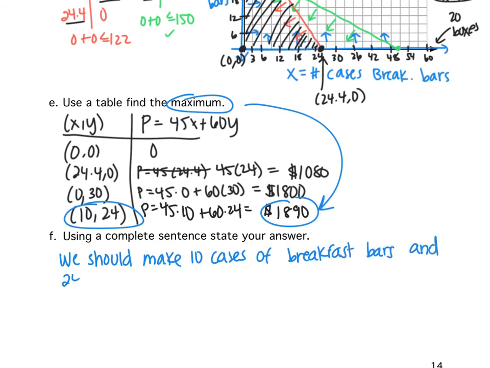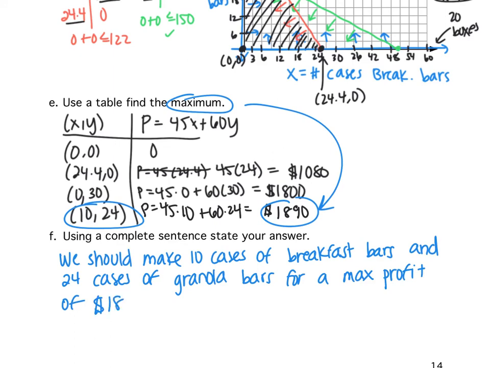And 24 cases of granola bars. So that's the y. For a maximum profit of $1,890. So again, where it happens and what the maximum is.